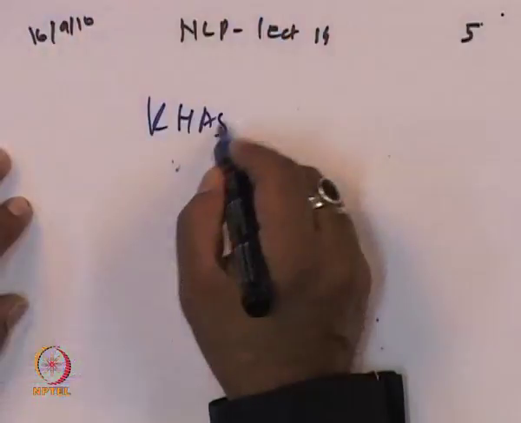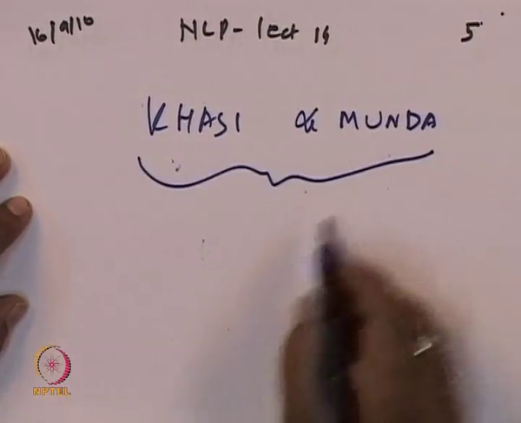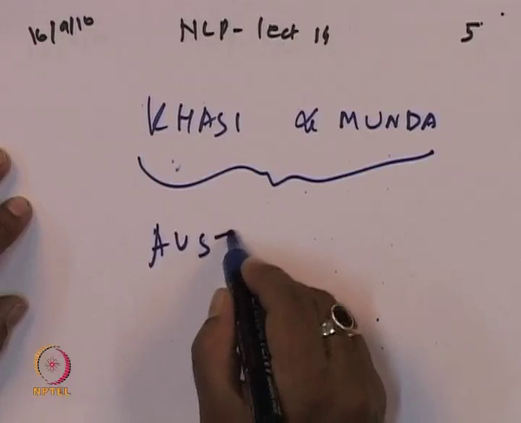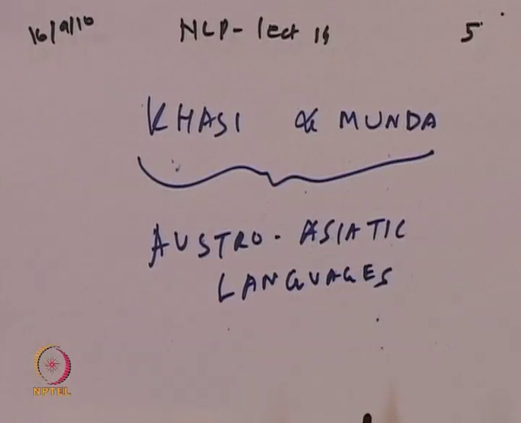I must mention two interesting cases, two languages which are Khasi and Munda. They are what are called Austro-Asiatic languages. These are the only two languages which belong to this family, and they are the representatives of the Austro-Asiatic family.